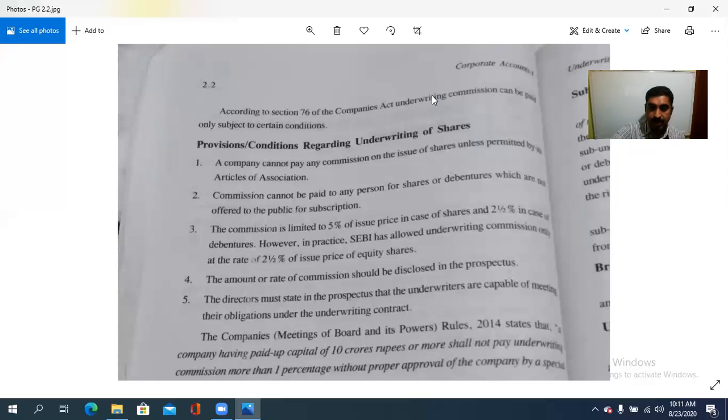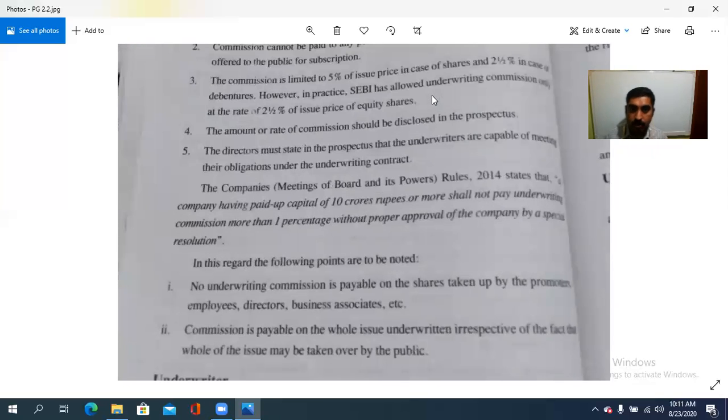Then, the Companies (Meetings of Board and its Powers) Rules, 2014 state that a company having paid up capital of 10 crore rupees or more shall not pay underwriting commission of more than 1% without proper approval of the company by a special resolution. So what is said here?